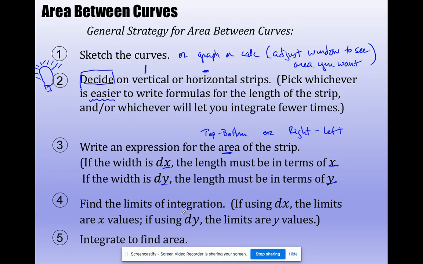Find your limits of integration. Remember, the limits must be x if you have vertical strips, y if you have horizontal. This is often either given to you, or you find the intersection with algebra if you don't have a calculator, or if you do have a calculator, with that second trace intersect feature.